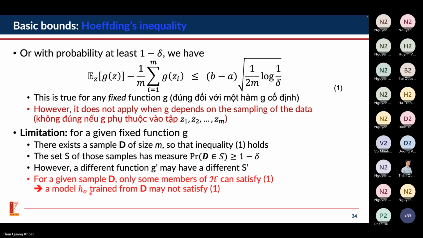And when we have a specific training set, only some members in the model family can satisfy this result. And those members may be different from the trained models we obtain, right? So that's why we cannot apply the Hoeffding results directly on our trained model.